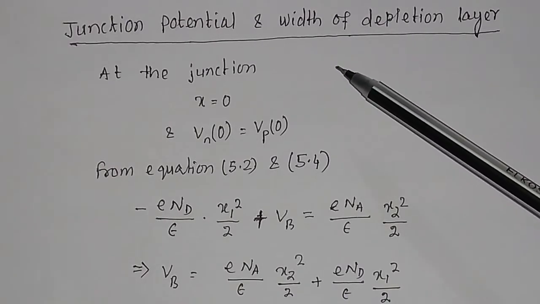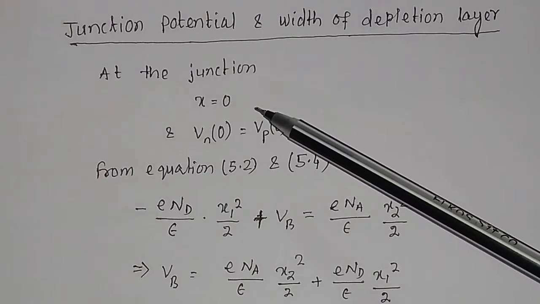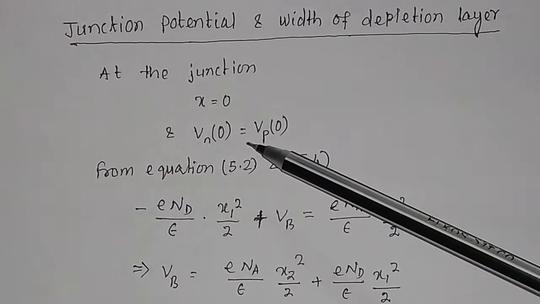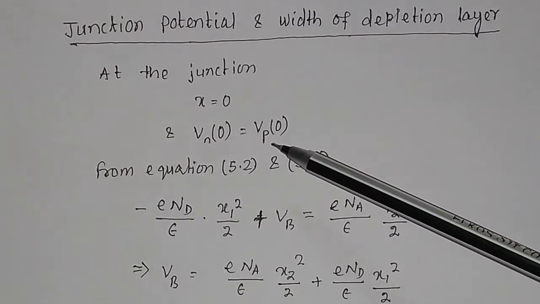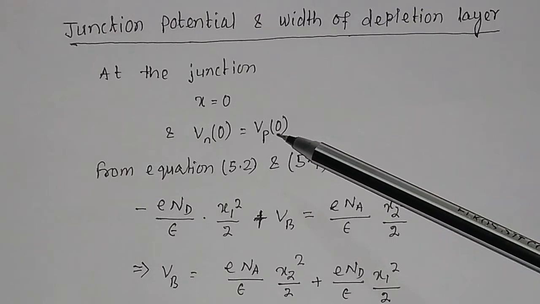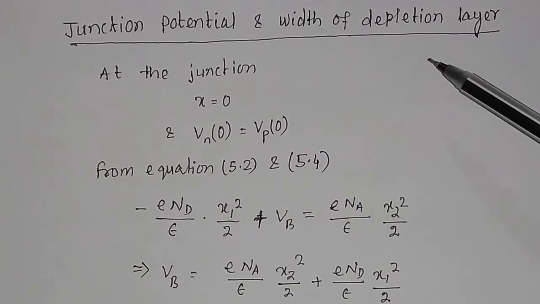At the junction, that is the PN junction, the x value is equal to 0, and the potential for the n region will be equal to the potential of the P region. So Vn0 is equal to Vp0, and at the junction potential we will calculate what will be the width of the depletion layer.